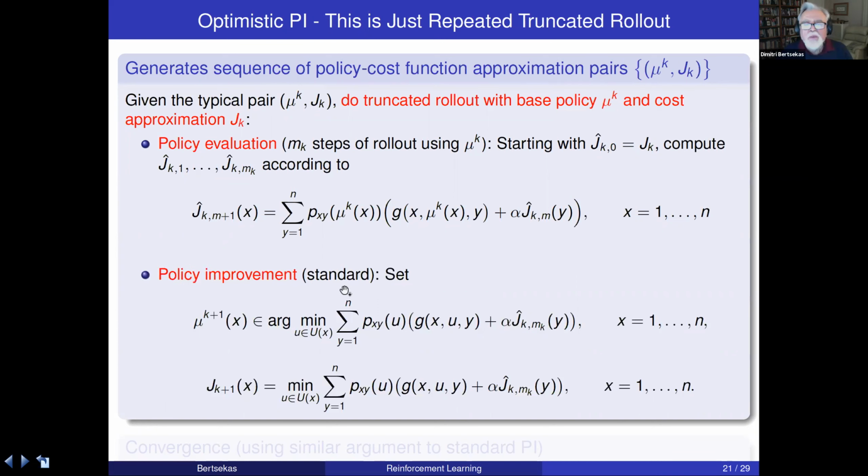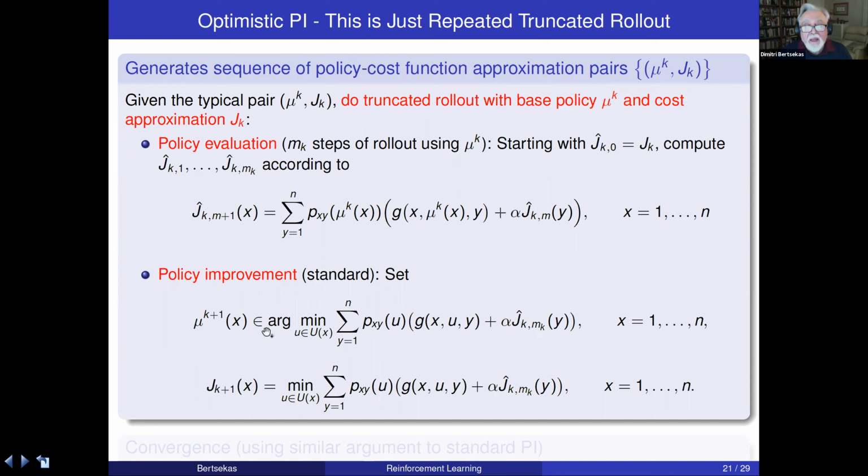The policy improvement is standard. Given this result of the policy evaluation, we minimize in the standard policy improvement equation to obtain the new policy. Again, this is exactly what truncated rollout does: one step look ahead plus m k steps of rollout with the current base policy plus terminal cost approximation.